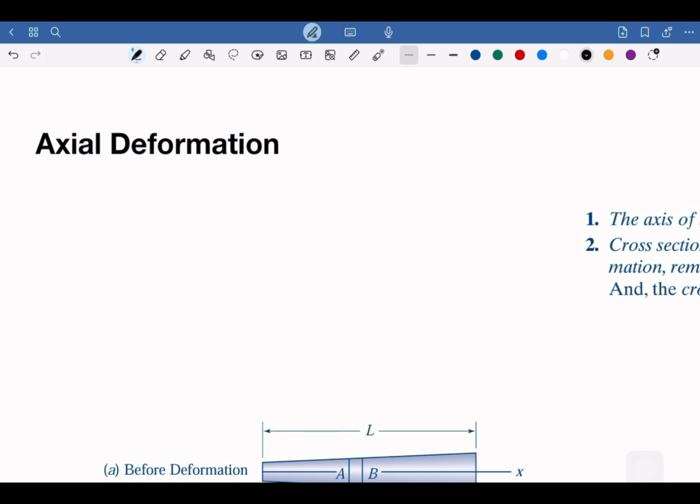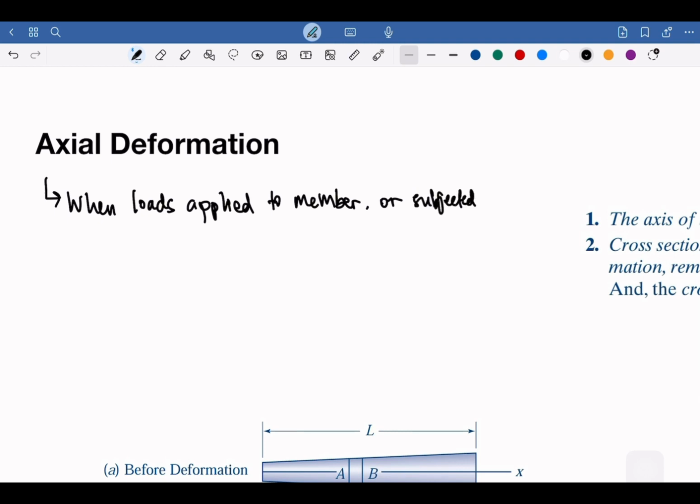We say the structure is going to have axial deformations when loads are applied to a member or it is subjected to a temperature change, or let me just write delta T.